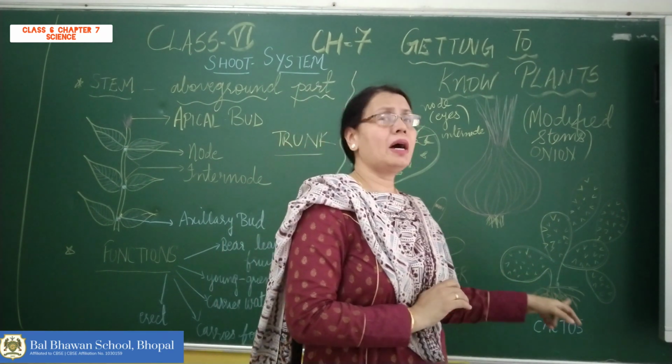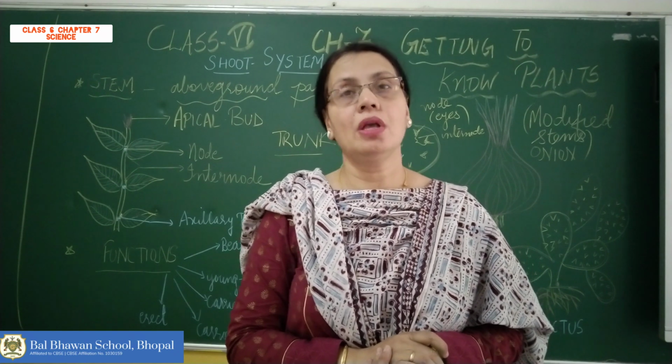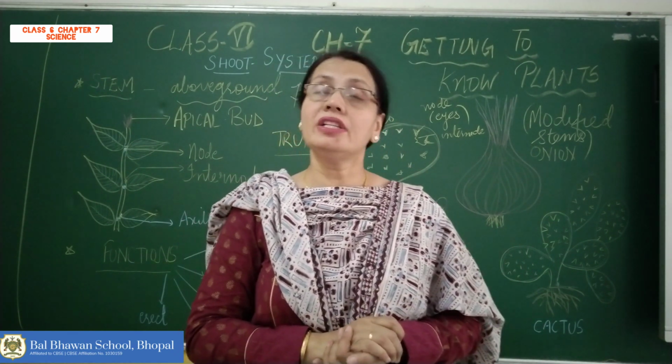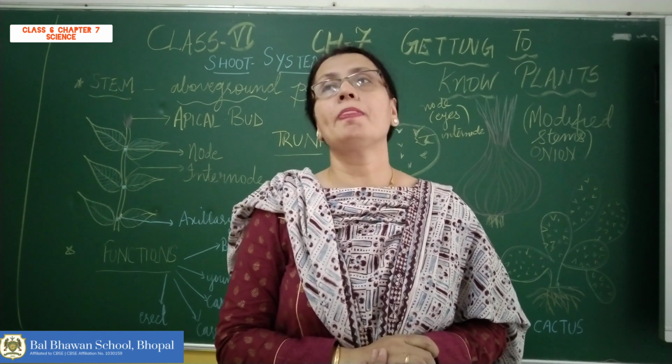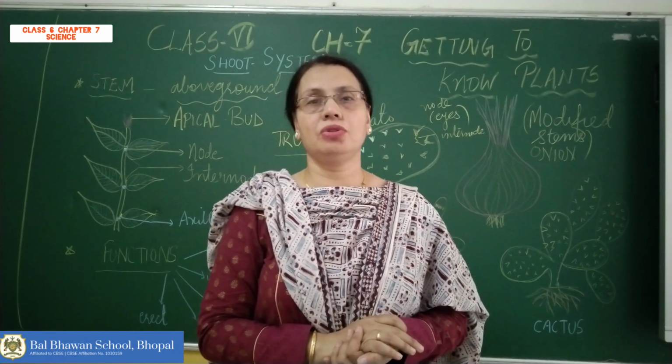But the green part is the stem, that is the thick and fleshy stem. So in case of a cactus, this stem performs an additional function, and what is that? That is the process of photosynthesis. So children, I hope the topic is clear to you. Thank you children.